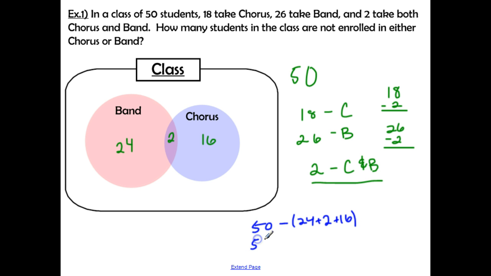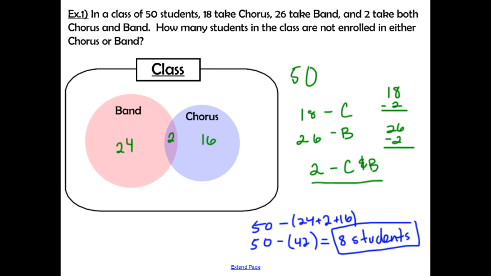When we add up the students that are taking band, chorus, or both, it's a total of 42 of them. And when we subtract them from the total kids in the class, which is 50, we're left with 8 students that are not doing either. And that will be our final answer. Okay?